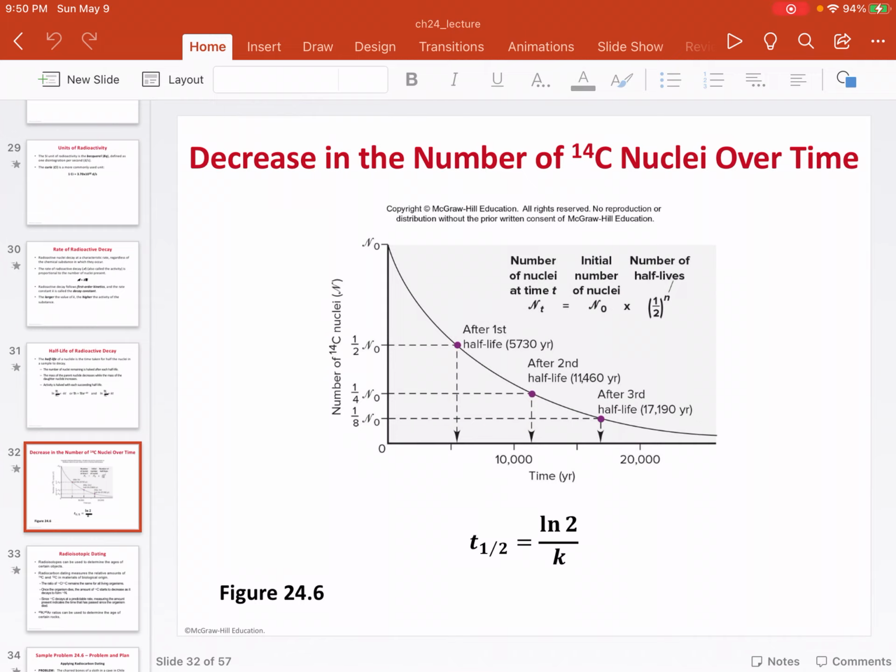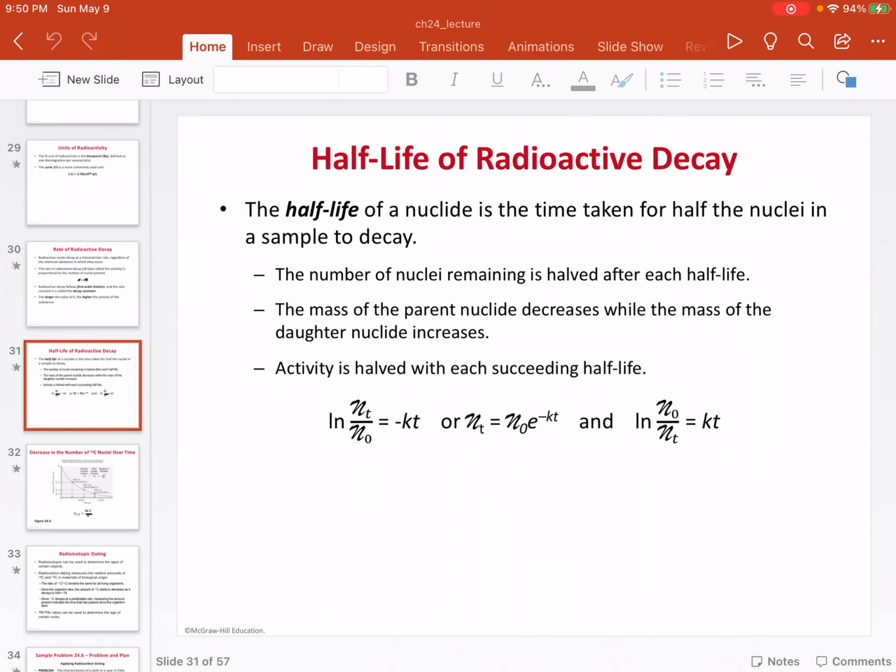If you are given the half-life, you can find out the rate constant or the decay constant, and these are the first order rate equations. Ln Nt over N naught equals negative kt, or you can use the exponent version. Nt, N here is the number of nuclei. Sometimes we can also consider it as the number of moles. Okay, so we're going to use this equation.